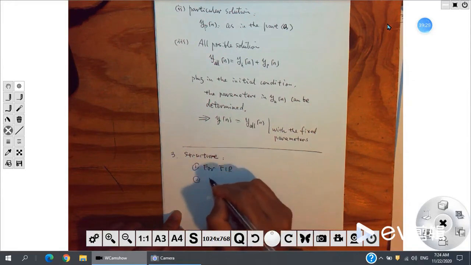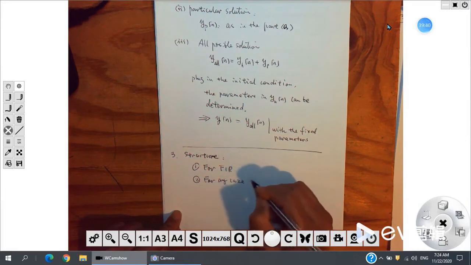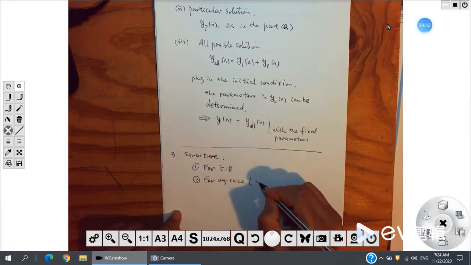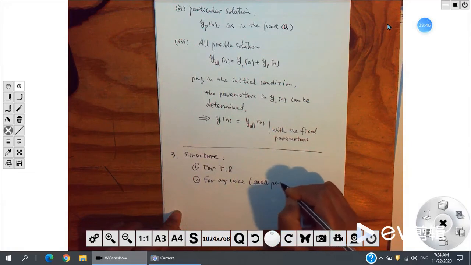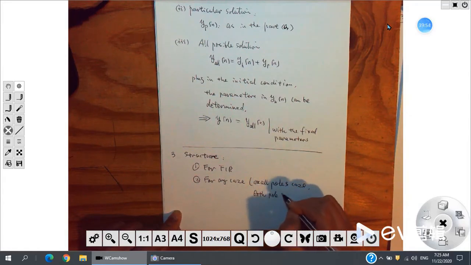Second is actually for anything, for any cases, we have all-pole case, or both pole and zero case, right?